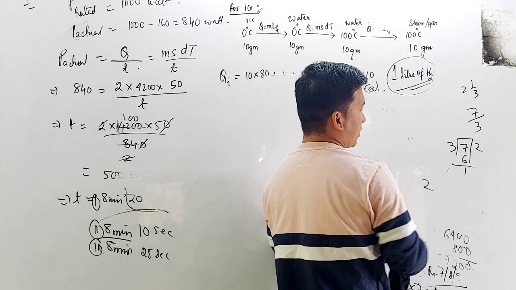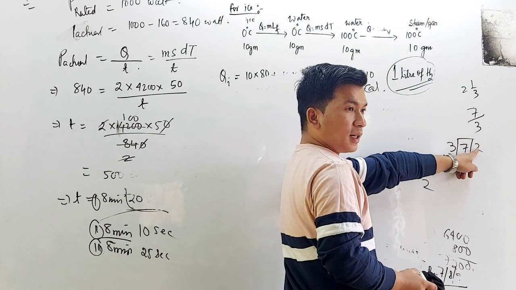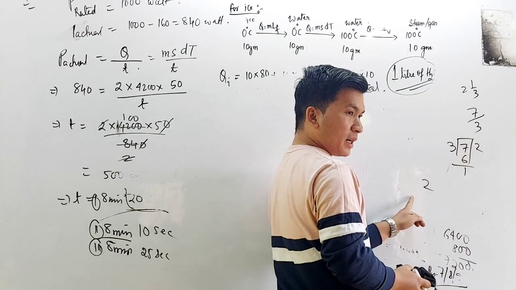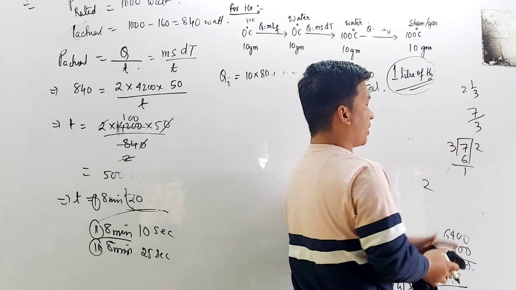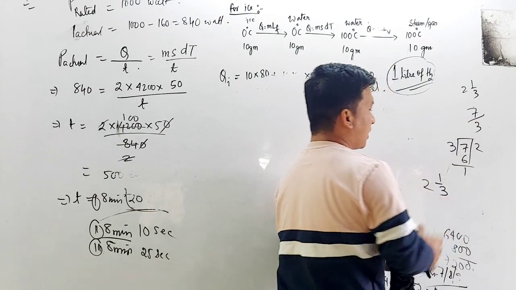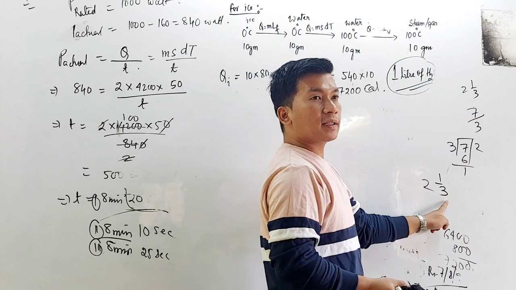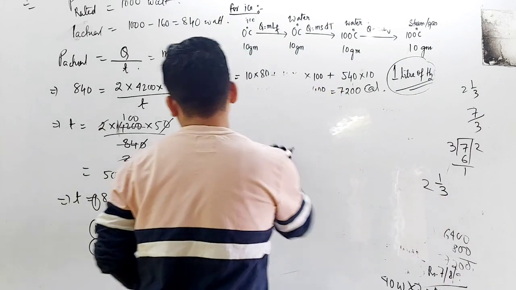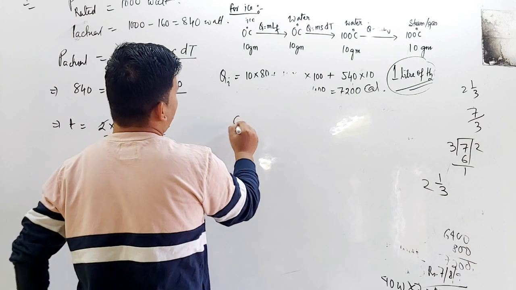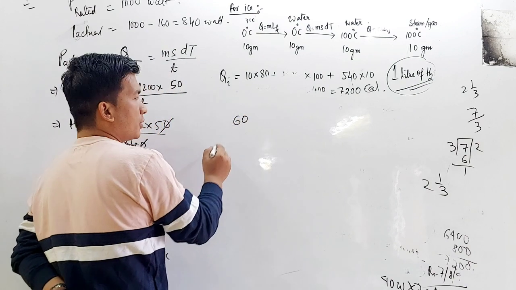We put the quotient as the whole number, the remainder is the numerator, and the divisor is the denominator.